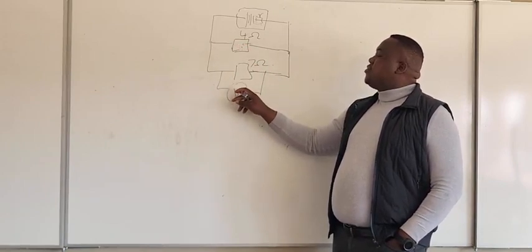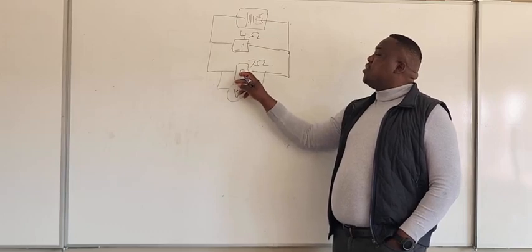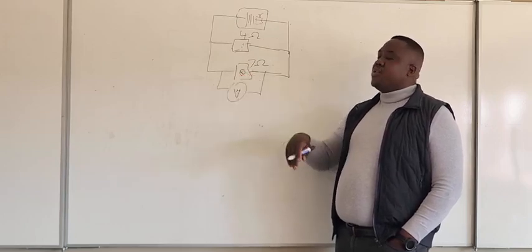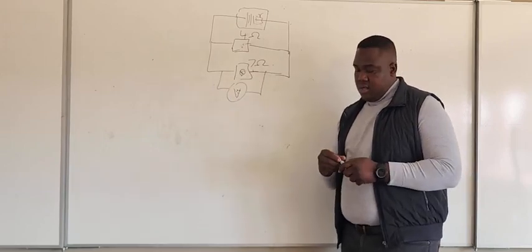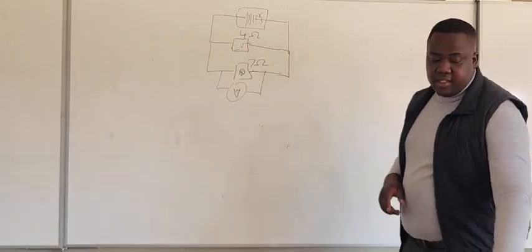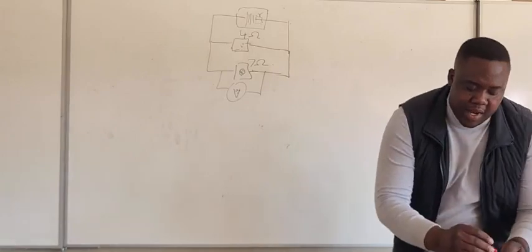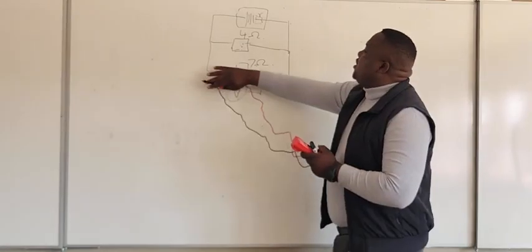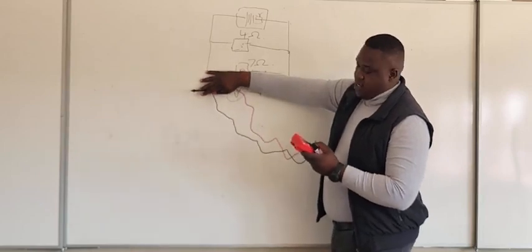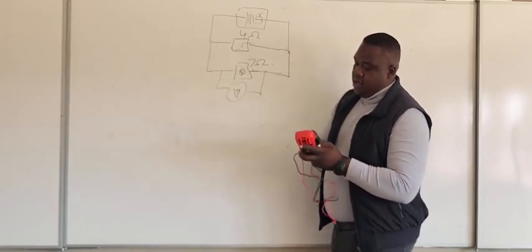Obviously this voltmeter is reading the voltage that is here. But we know from theory that parallel resistors have equal voltage. So do not be surprised when you see a voltmeter. We have an electric circuit without this voltmeter, which is like this.